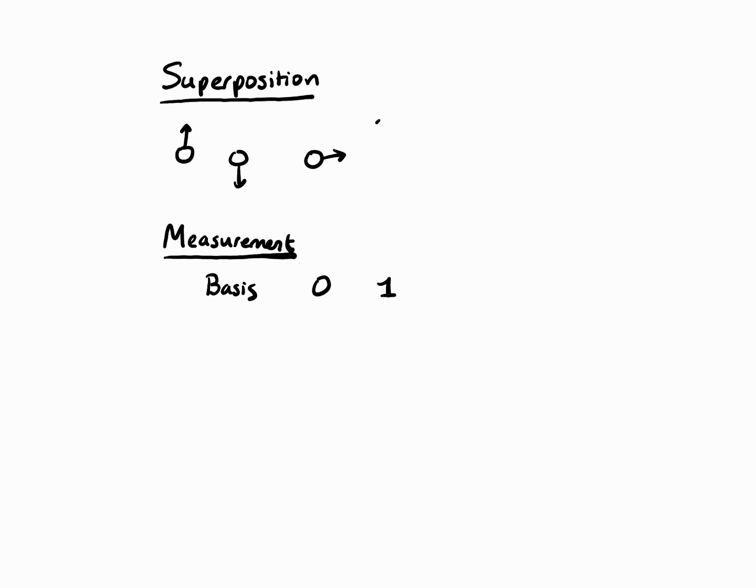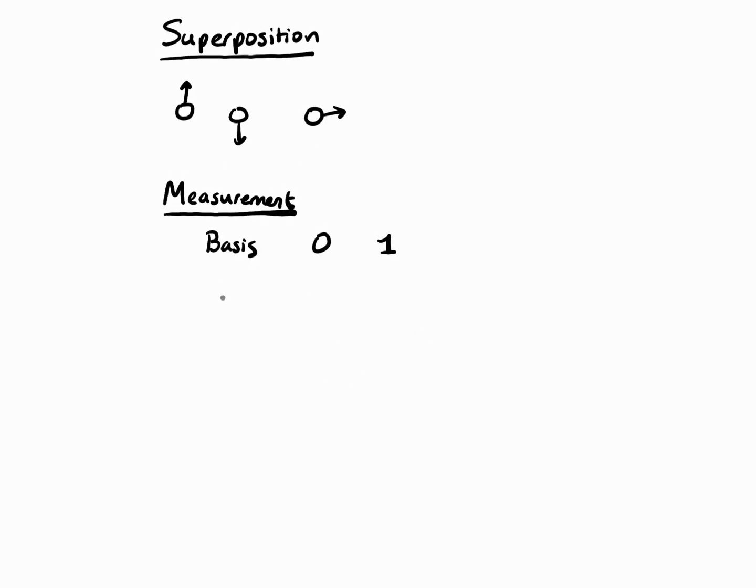Now, despite this electron being in a state where its spin is essentially pointing to the right, when I measure it in this basis, which is essentially asking whether the spin is pointing up or pointing down, I will always receive one of the two answers. I will either get that it is pointing down or that it's pointing in the up direction. I will never get anything else.